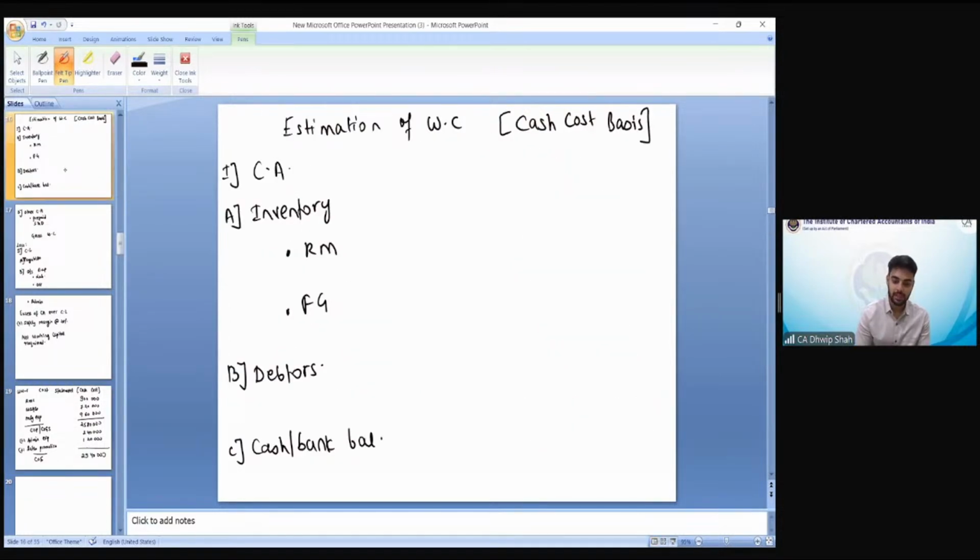So raw material is based on raw material consumption. 9 lakh multiplied by RM holding period, which is 1 month, divided by 12. Tell me how much it came? 75,000.